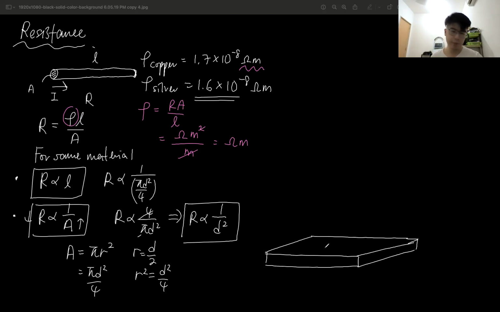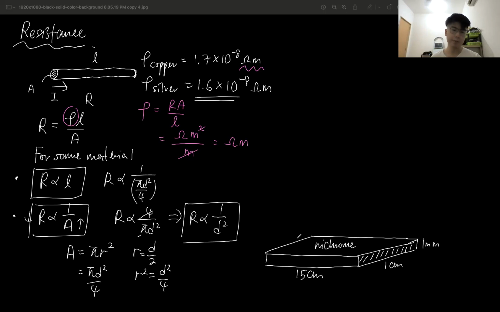Suppose nichrome is used to make a thin film resistor, a rectangular shape like this. This is the cross-sectional area, with a length of 15 cm, a thickness of 1 millimeter, and a width of 1 cm.